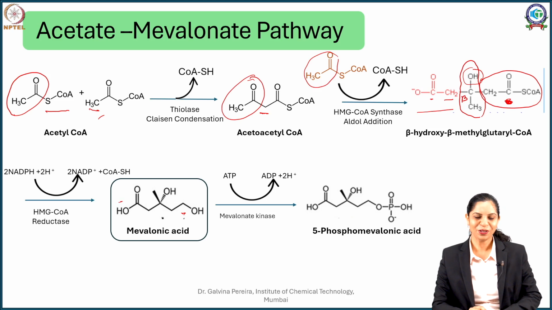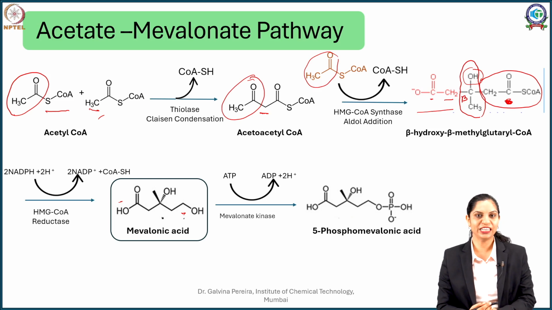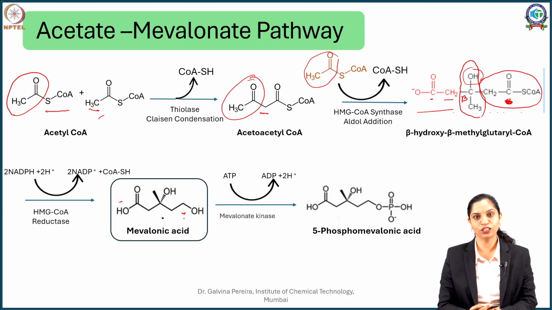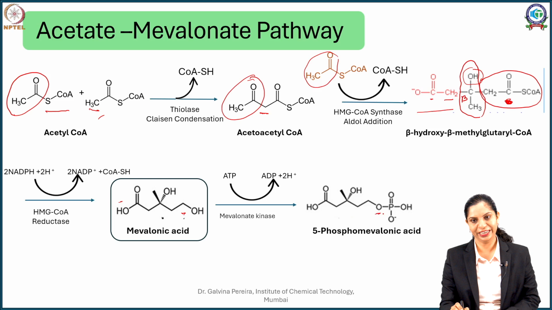So what happens here is, this mevalonic acid further gets phosphorylated, and phosphorylation often happens in presence of an enzyme called kinase. Now this kinase phosphorylates it at the 5th position. We initially saw at the 5th position the carbon got reduced. Now this hydroxy further gets phosphorylated.